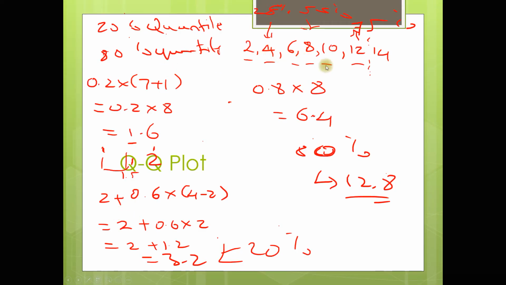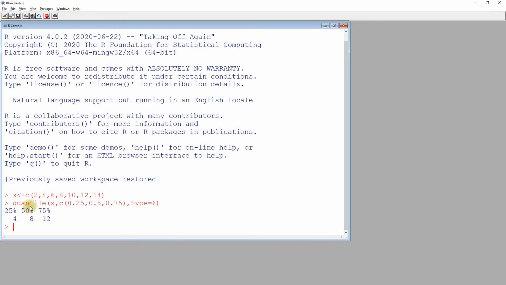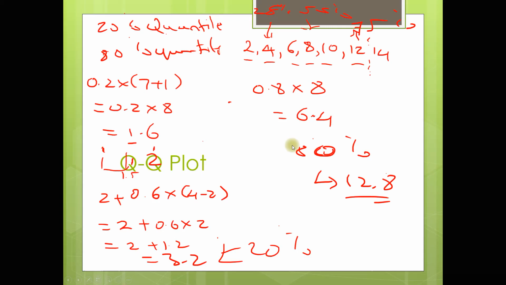So 4, 8, and 12. The first, 4, is the 25th percentile, which is the 25% quantile, the lower quartile, which is the first quartile. Then we've got the 50% quantile, which is 8, also referred to as the 50th percentile, the median and the second quartile.